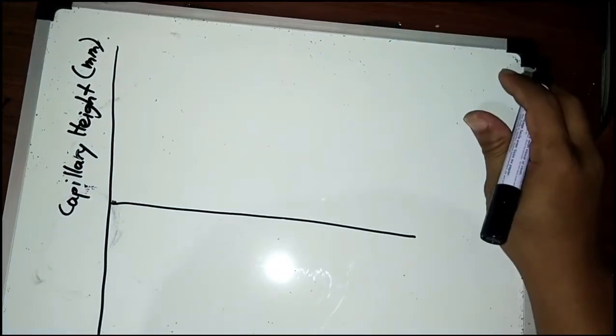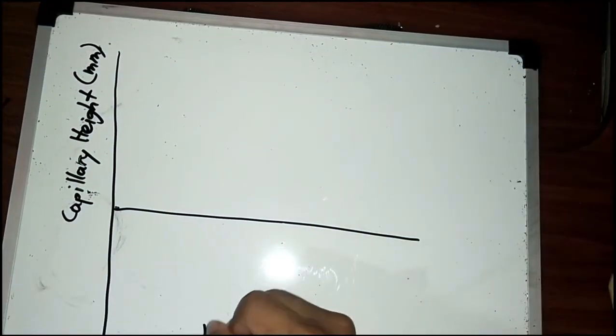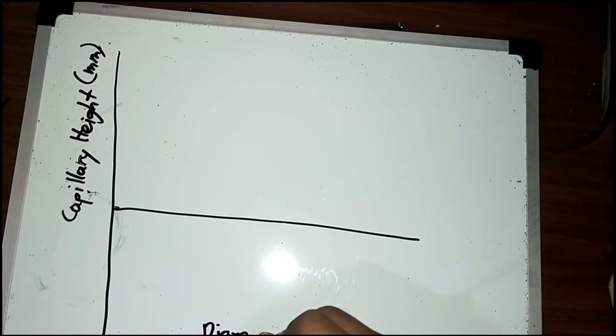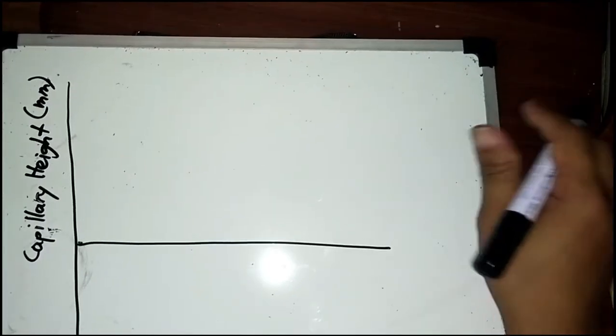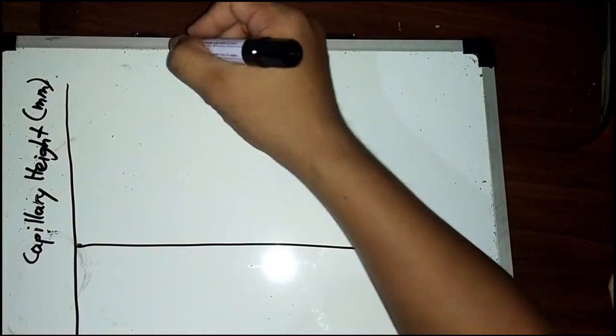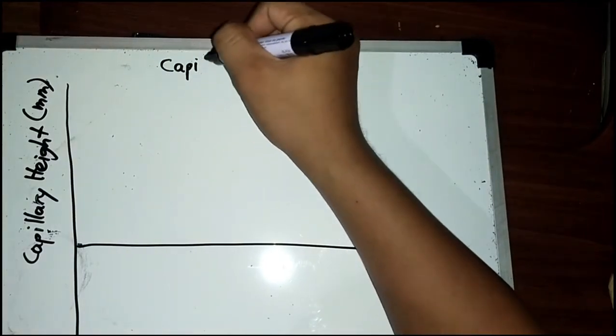And for the x-axis, we have the diameter d in mm. So this is the capillary effect in small tubes.